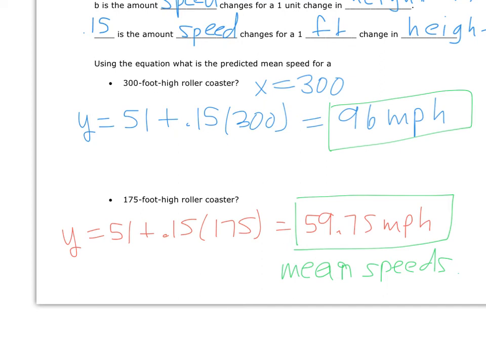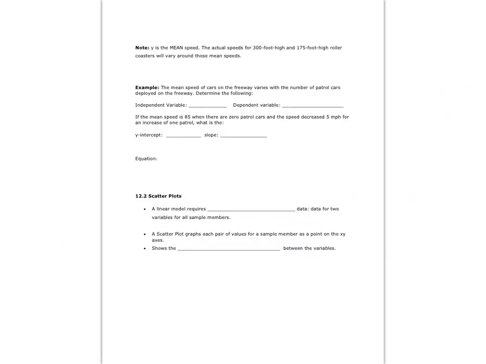Or of all the roller coasters of 175 feet high, the mean speed is predicted to be 59.7 miles per hour. And that's what we highlight here with this note, that y is the mean speed. The actual speeds for a 300-foot high and a 175-foot high roller coaster will vary around those mean speeds that we were able to calculate.